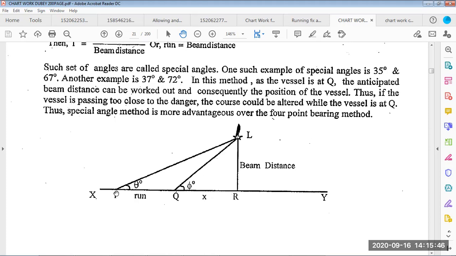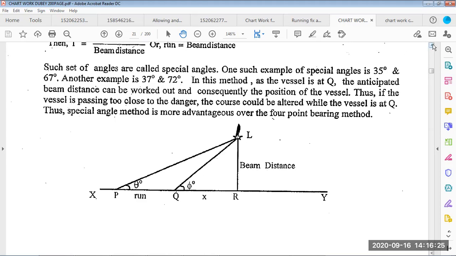The distance run from here to here we can calculate by speed and time, and suppose it is x distance from this. So we know that cot theta is equal to run plus x, that is base, upon the beam distance. And from this triangle, again, cot phi is equal to x upon beam distance.